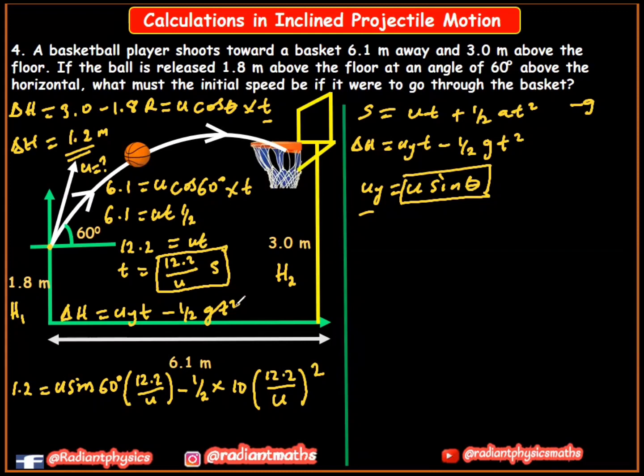Because of this squared, we have 1.2 equal to u. There is u here and there is another u here. So this u can cancel out this u.